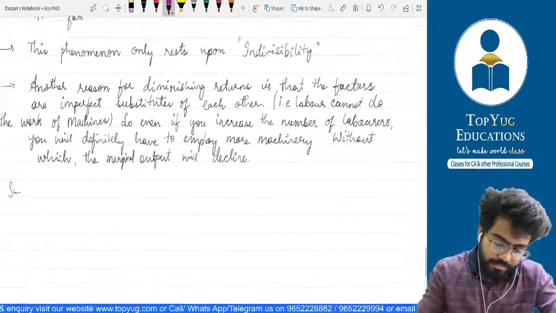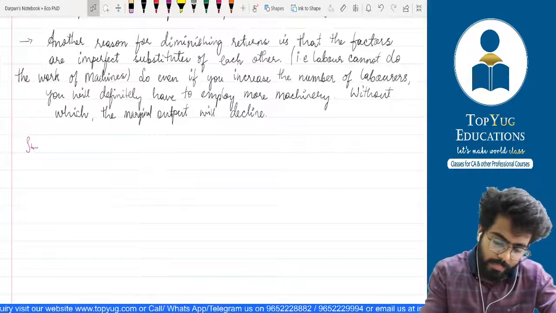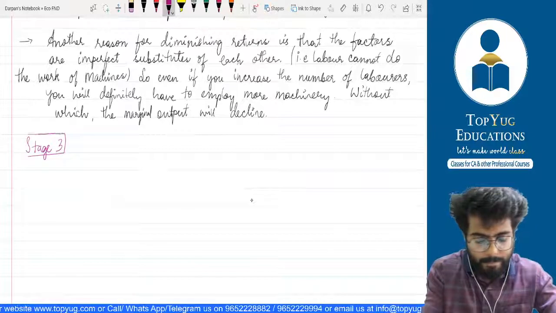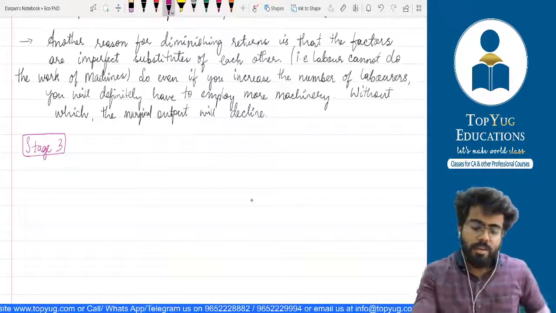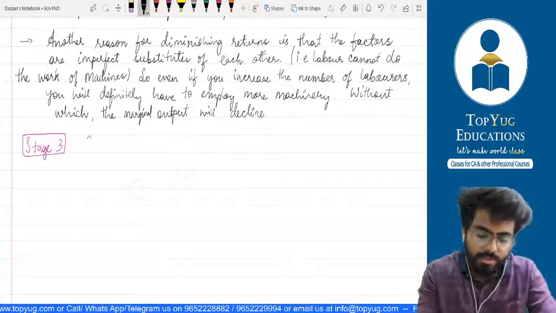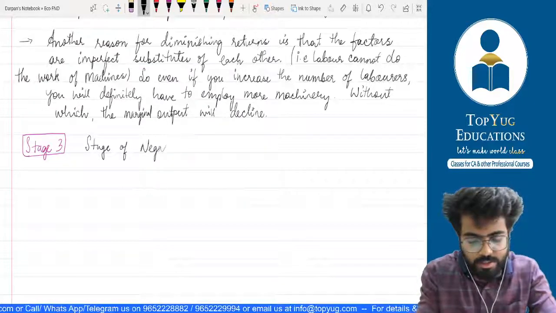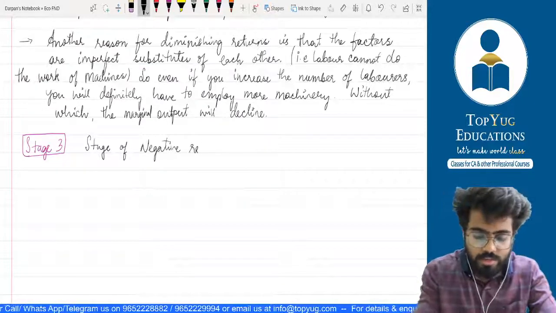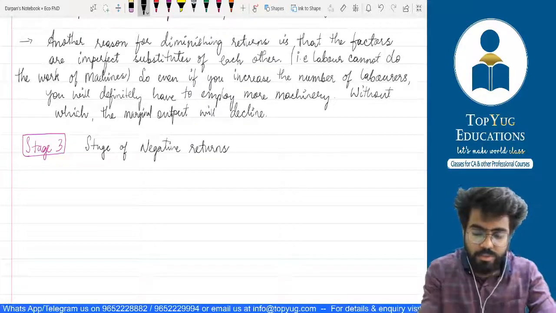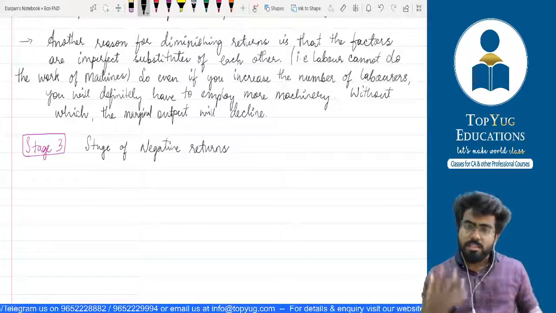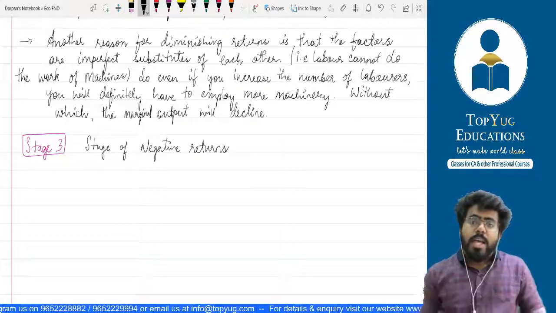Stage 3 is your stage of negative returns. What is the stage of negative returns now? In this stage, what is happening?